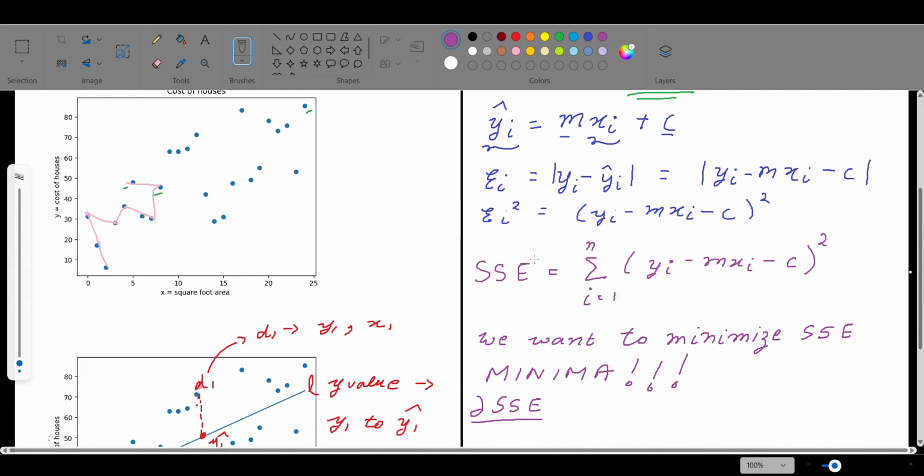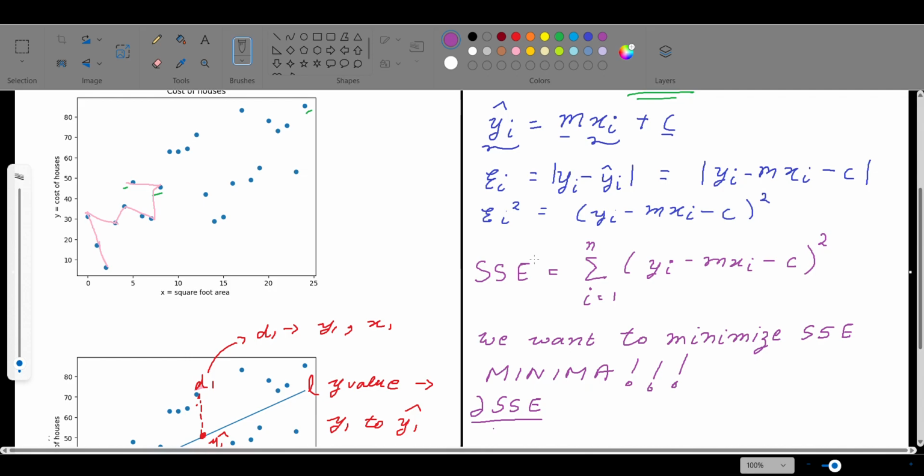We are going to take the partial derivative of SSE with respect to the two variables that we have, which are m and c. We need to find a good m and a good c that can give us the minimum error possible. By finding an optimal m and c, we're basically trying to find the best line possible that can decrease the sum of squared errors as much as possible, to its minimum possible value. Hence, we take the minima.